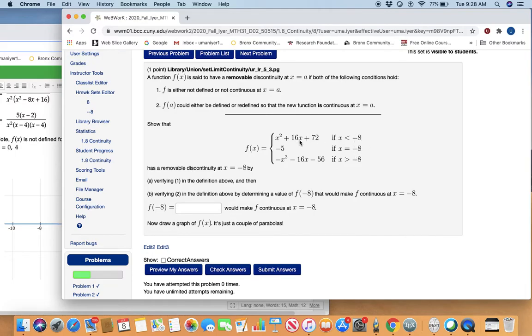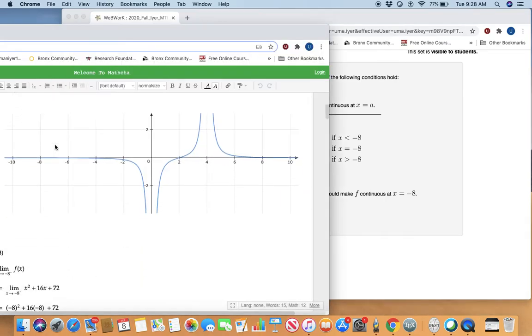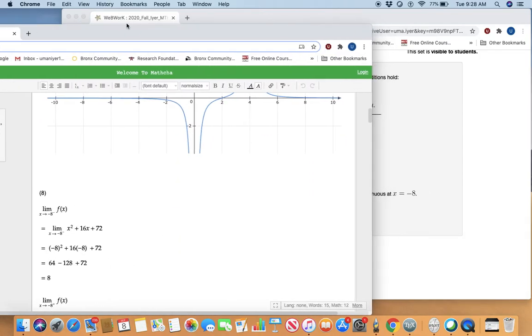So notice the rule changes at -8. So you want to find the limit from both these sides. First, let's figure out what happens to the limit to the left of -8 and then from the right of -8.